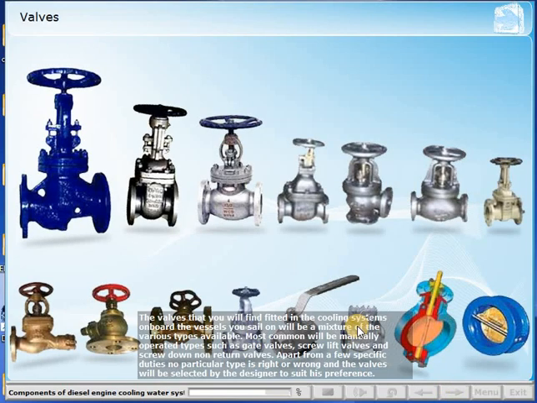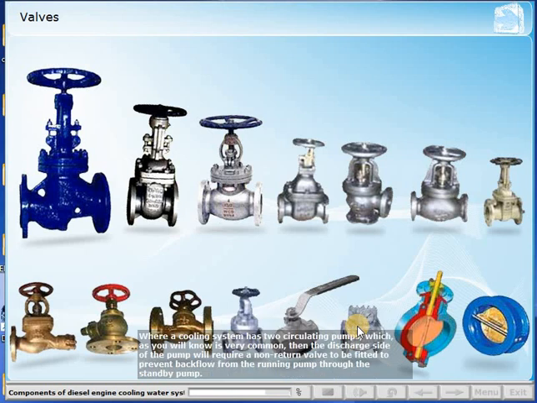The valves that you will find fitted in the cooling systems on board the vessels you sail on will be a mixture of the various types available. Most common will be manually operated types such as gate valves, screw lift valves, and screw-down non-return valves. Apart from a few specific duties, no particular type is right or wrong, and the valves will be selected by the designer to suit his preference.